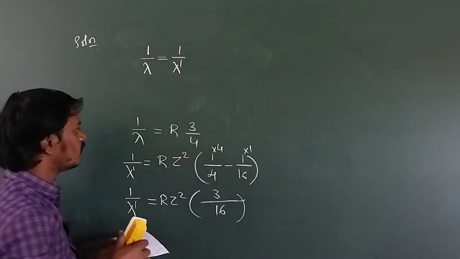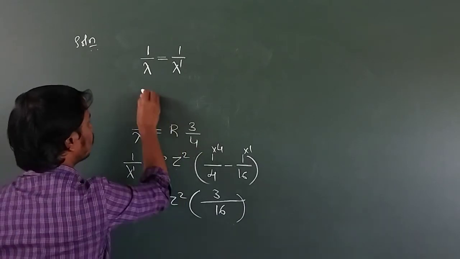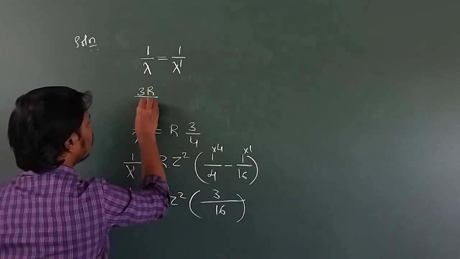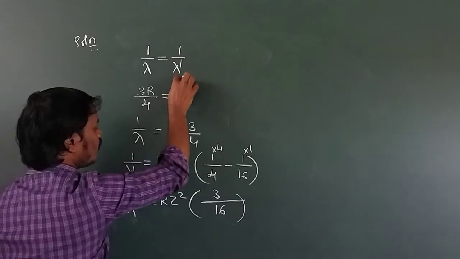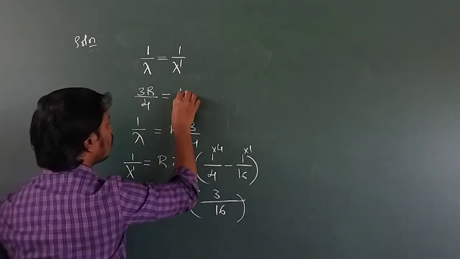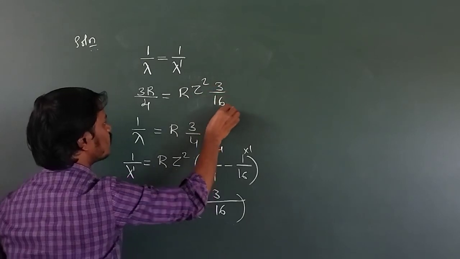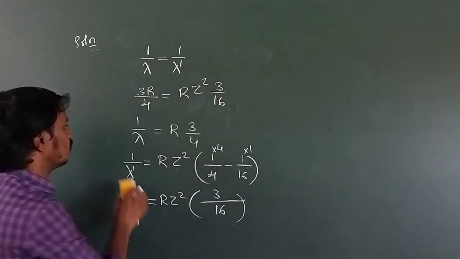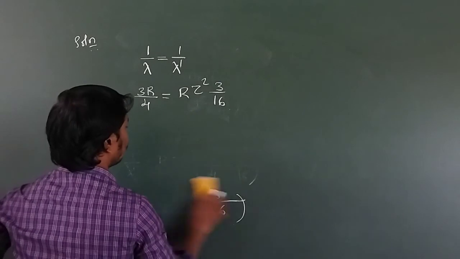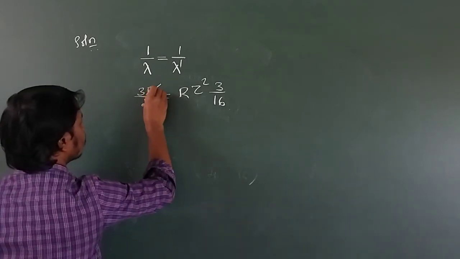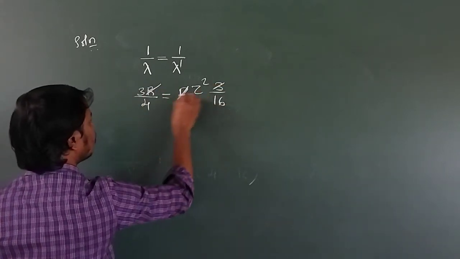What about 1 by lambda? This is 3R by 4. Then what about 1 by lambda dash? That is R into Z square into 3 by 16. So let us solve this one. R gets cancelled, then 3 gets cancelled.